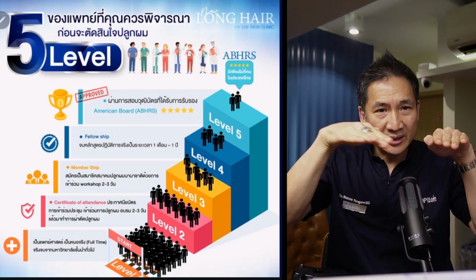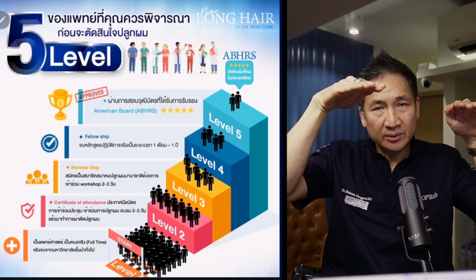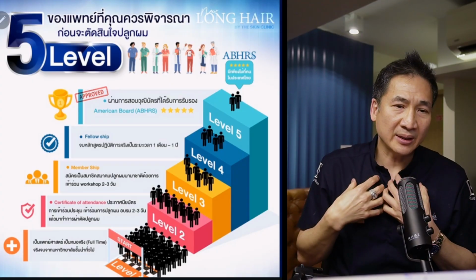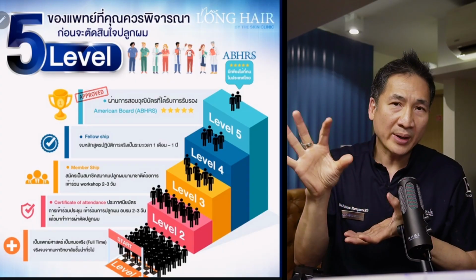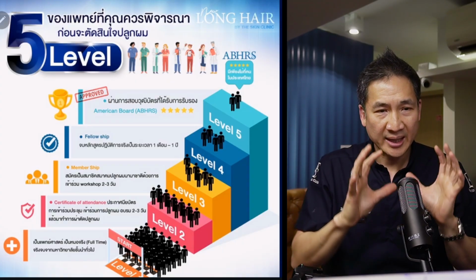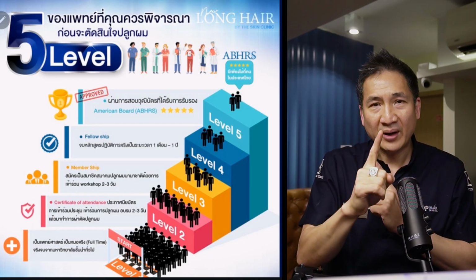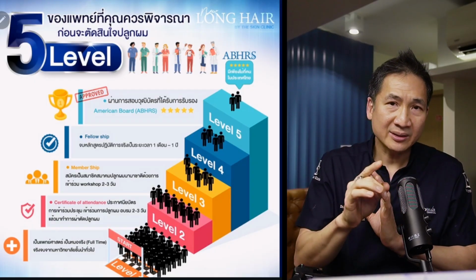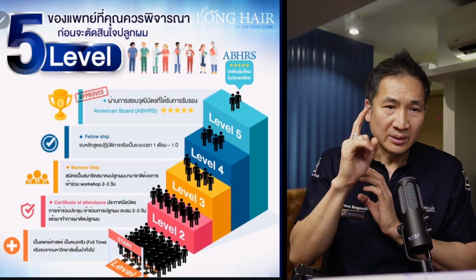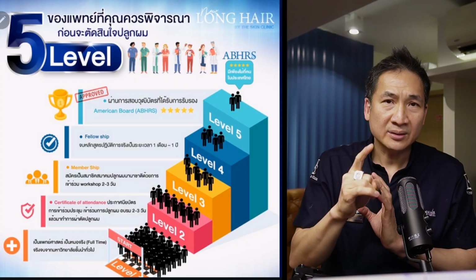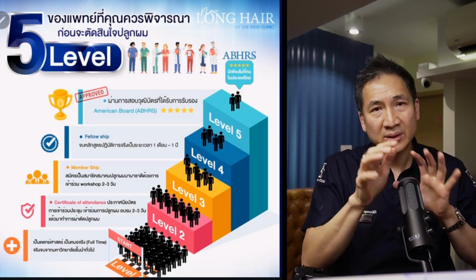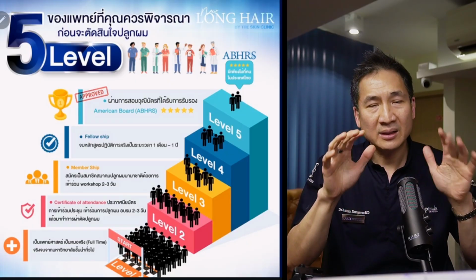For better experience, from my experience, a doctor should take at least 1 month or 1 year of fellowship course for hair transplant. One important thing, qualified and recognized internationally, is the American Board of Hair Restoration Surgery. You can research ABHRS.